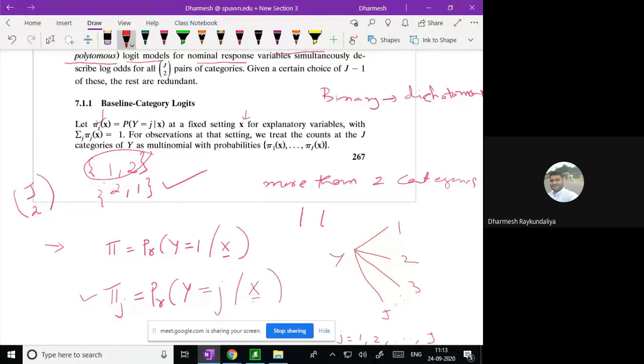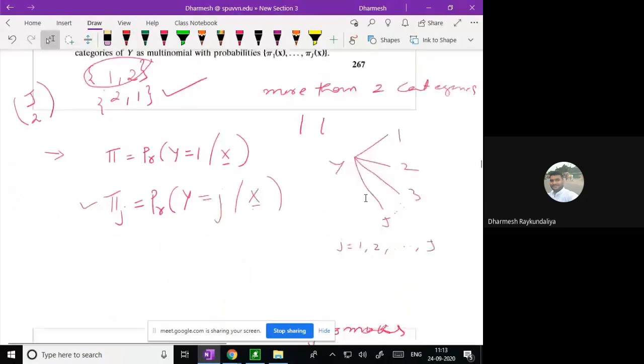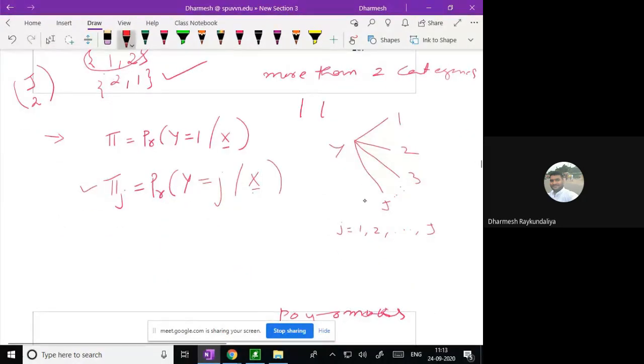But we know that the sum of the probabilities is always 1. Here j is running from 1 to capital J, so the summation over small j from 1 to capital J of pi j of x is nothing but 1. The sum of the probabilities is 1.